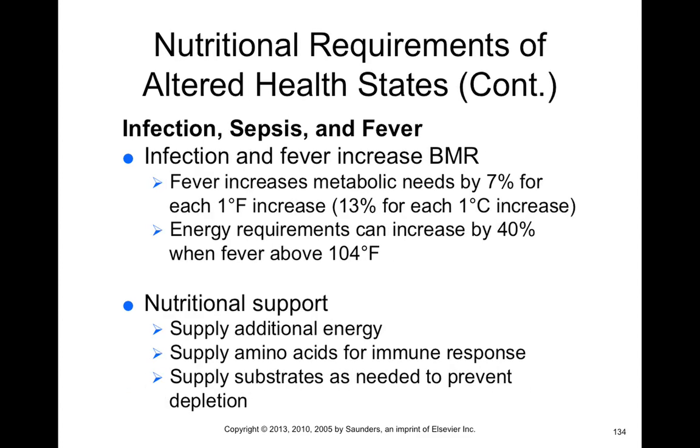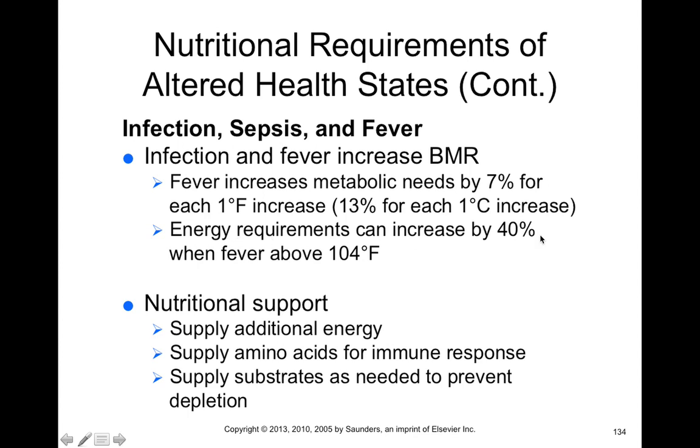Now, like I said, it increases your risk of infection, sepsis, and fever. And infection and fever will increase your basal metabolic rates. So fever will increase metabolic needs by 7% for every 1 degree Fahrenheit. Keep this in mind, understanding how many nutrients someone might need in response to their fever.